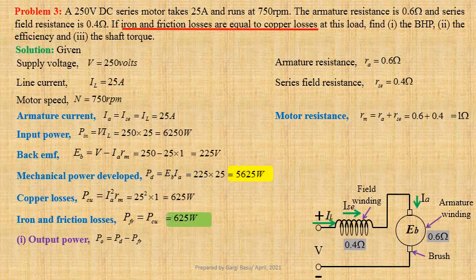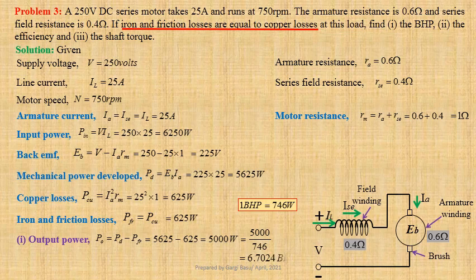Using values we get 5625 minus 625, that is equal to 5000 watts. Since 1 bhp equals 746 watts, we get Po equals 5000 divided by 746, that is equal to 6.7024 bhp.